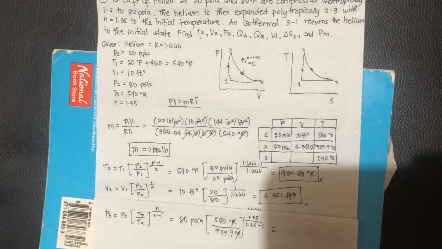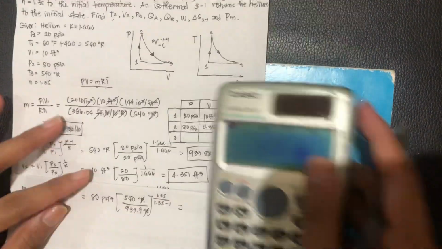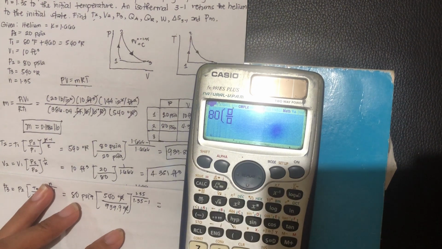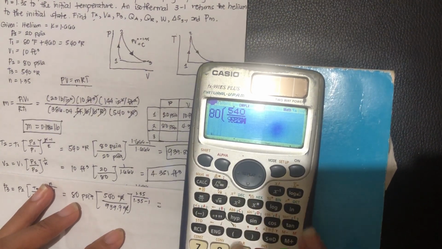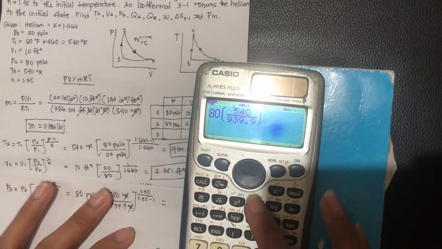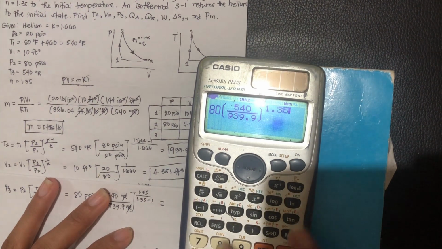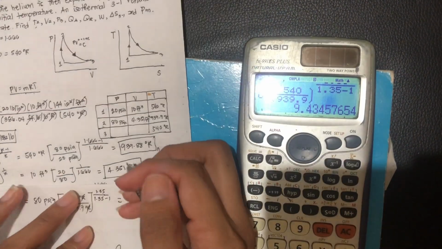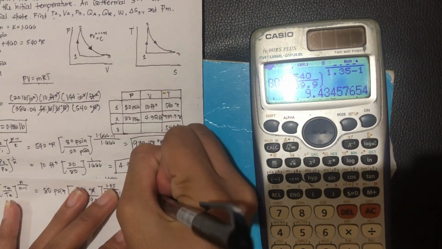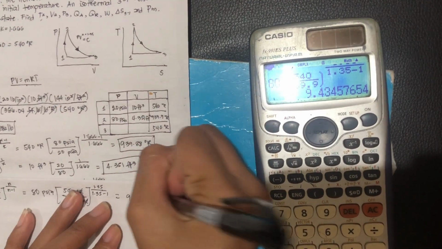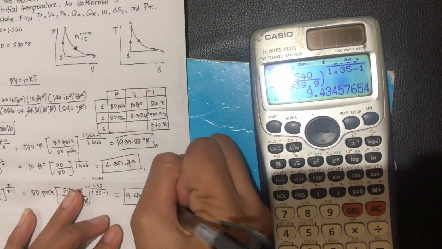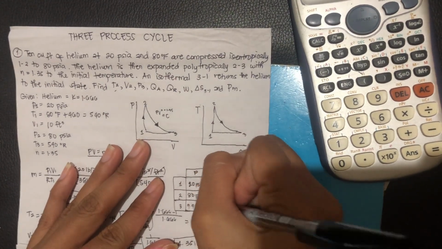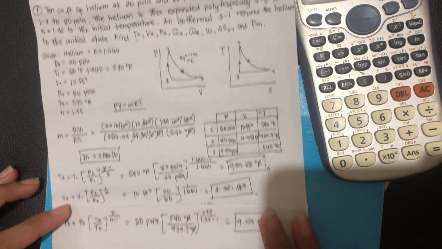Rankine cancels out. Calculating, the answer is 9.43 psia. So P3 is 9.43 psia. Okay, next.